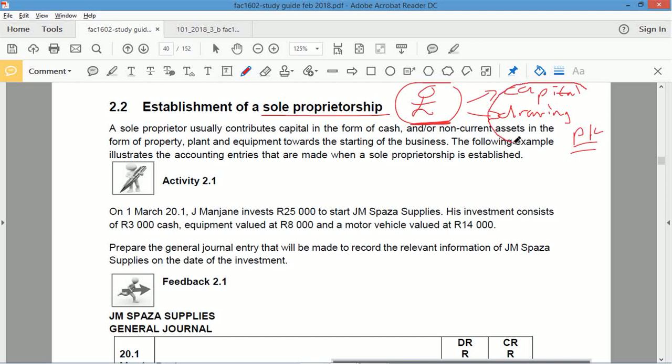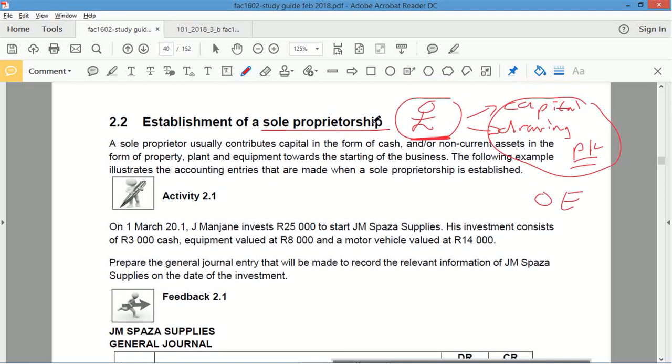That makes up their owner's equity. At the same time, they're also going to have assets and liabilities, and this also makes up the owner's equity. So this owner's equity is the same as that owner's equity. You've just got two different equations for it.